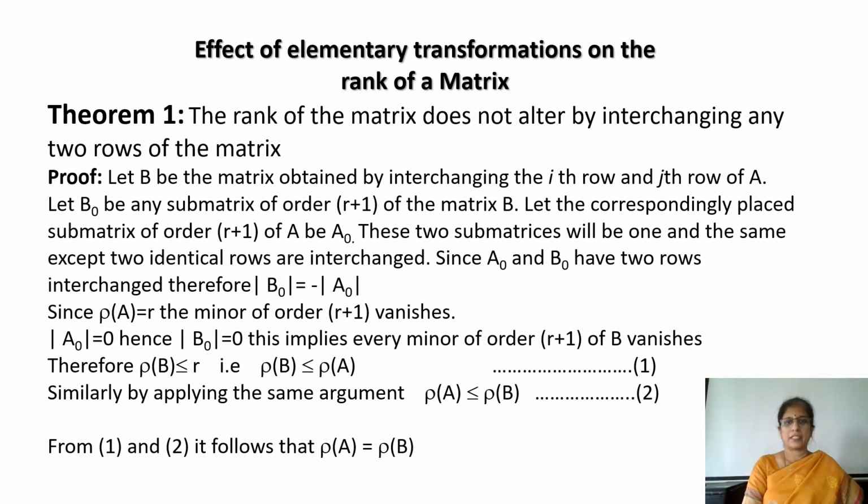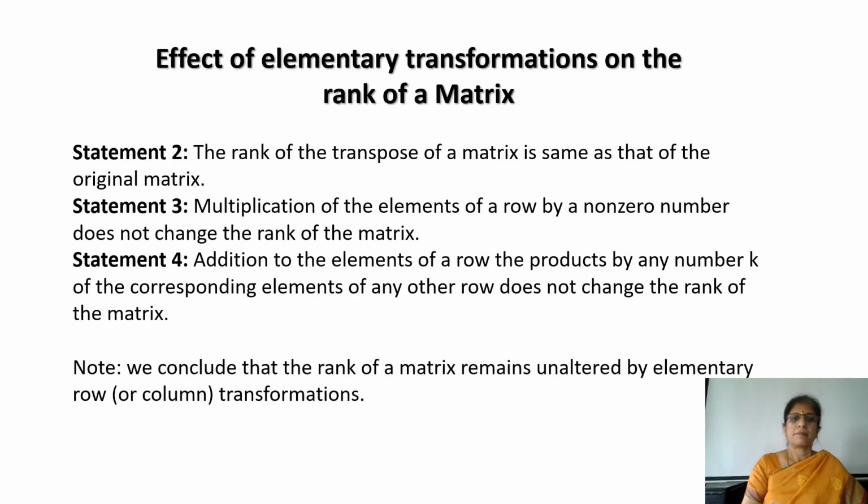Therefore, if we interchange any two rows of a matrix, the rank of the matrix does not change. Similarly, even if any two columns are interchanged, the rank of the matrix remains the same.